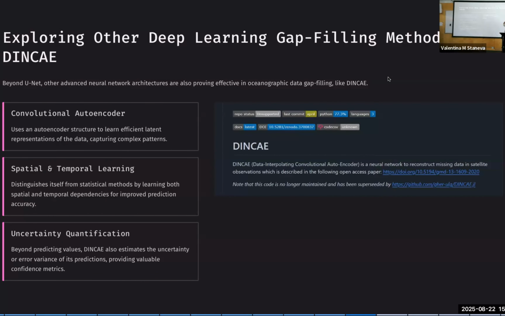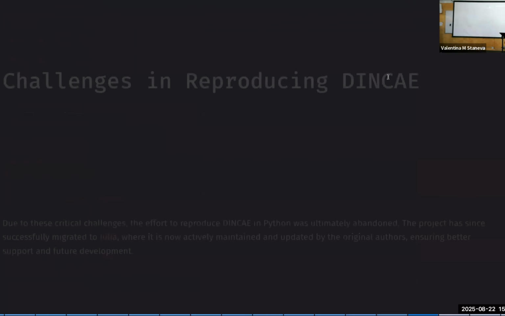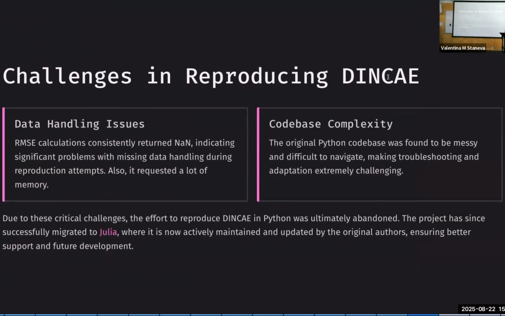I was trying to run this Dinkai model, which is a model that people developed for doing what we try to do, but the problem is that it is already outdated, and they moved it to Julia. I was trying to use their Python package, which is not so cool anymore because it used Python 3.8, and all the other packages are also outdated.